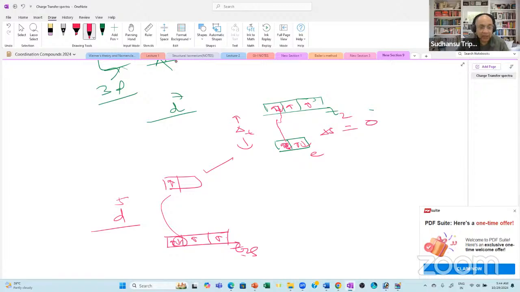But supposing you have a d6 configuration high spin complex, and there is a vacancy here. So this one which has to unpair, one of them will go in the same spin.